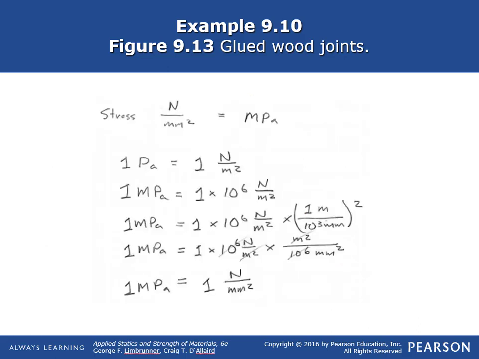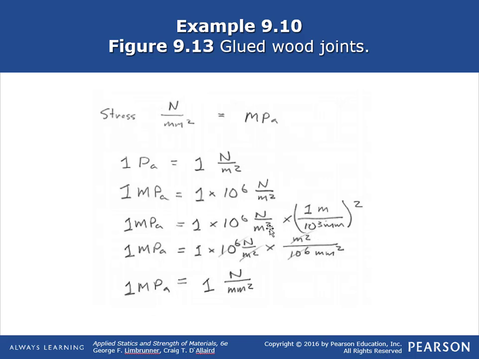Okay, so in the International System of units, stress is in Pascals. 1 Pascal equals 1 Newton per meter squared. And what I'm trying to do here is derive that 1 Newton per millimeter squared equals 1 MPa, megapascal. So 1 megapascal equals 1 times 10 to the 6 Newtons per meter squared.